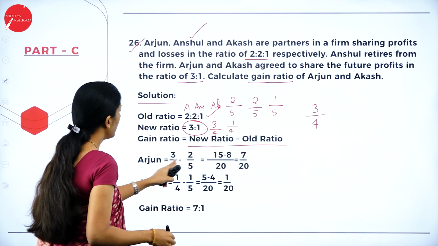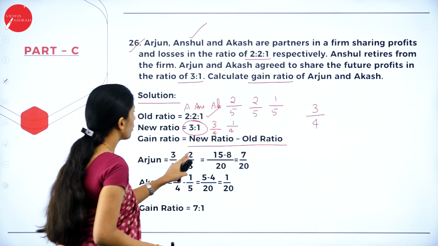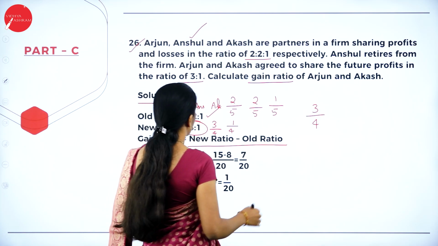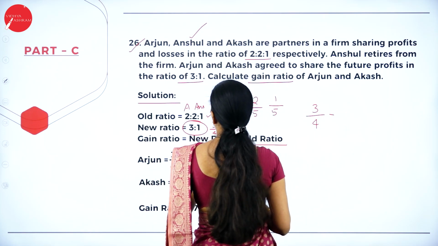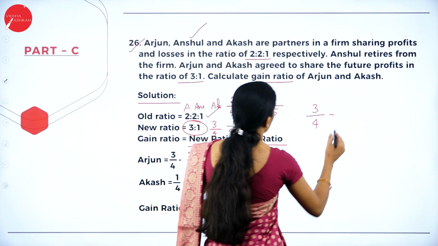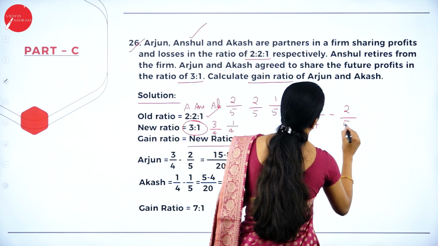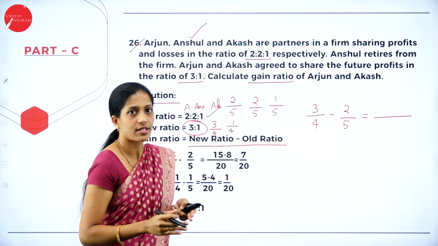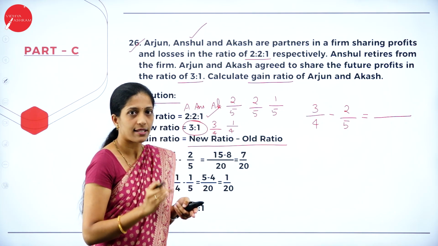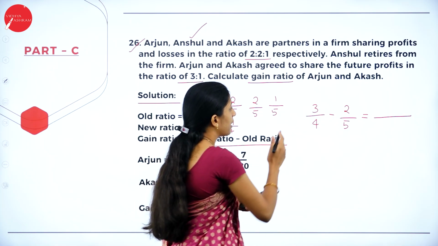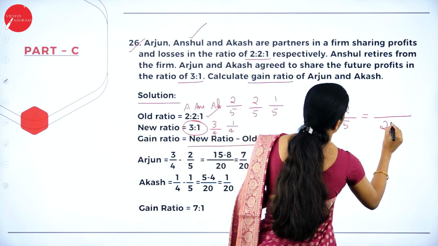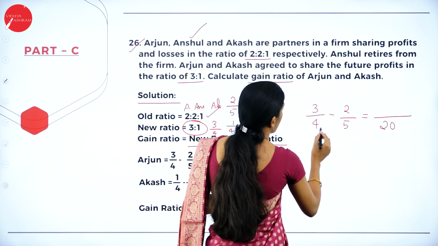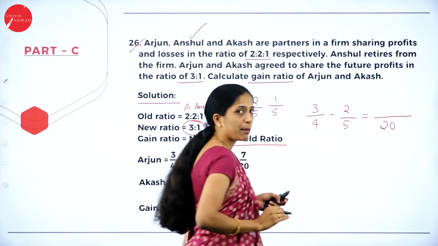Now what is the formula? New ratio minus old ratio. New ratio of Arjun 3 by 4 minus what is the old ratio of Arjun? 2 by 5. Now how to calculate? Since the denominators are not same and it is not divisible by the single number, so you multiply 5 into 4, 20. Now check whether 20 is divisible by 4.